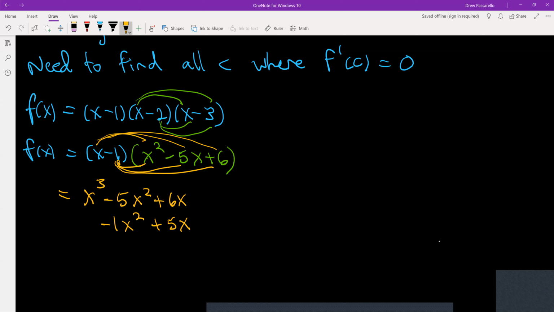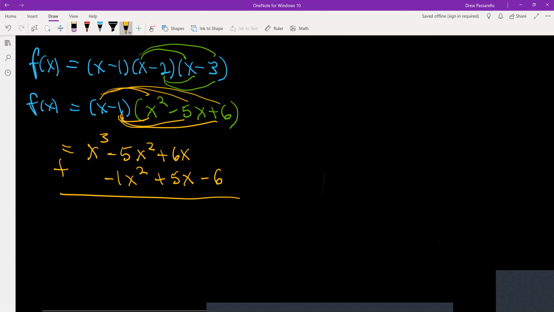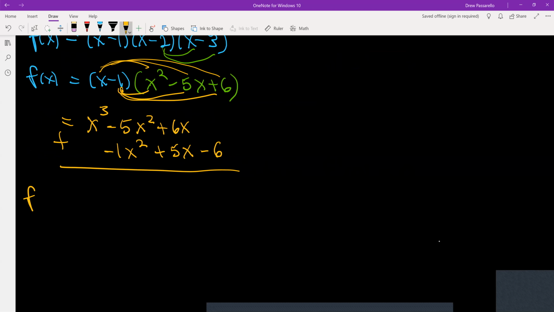And then negative 1 times 6 is minus 6, and then I'll just add vertically. So that's going to turn into x cubed minus 6x squared plus 11x minus 6. All right, so that's f of x. Now I'm going to find its derivative.